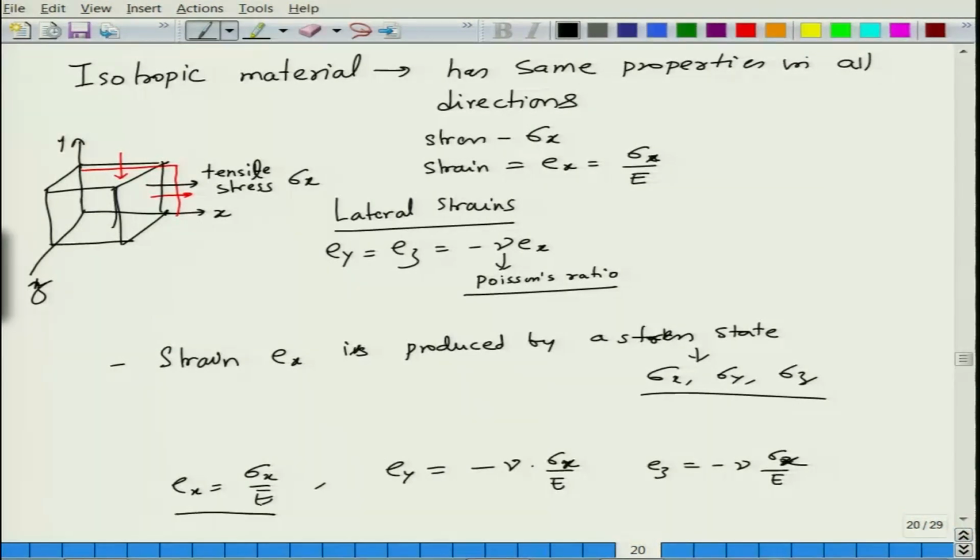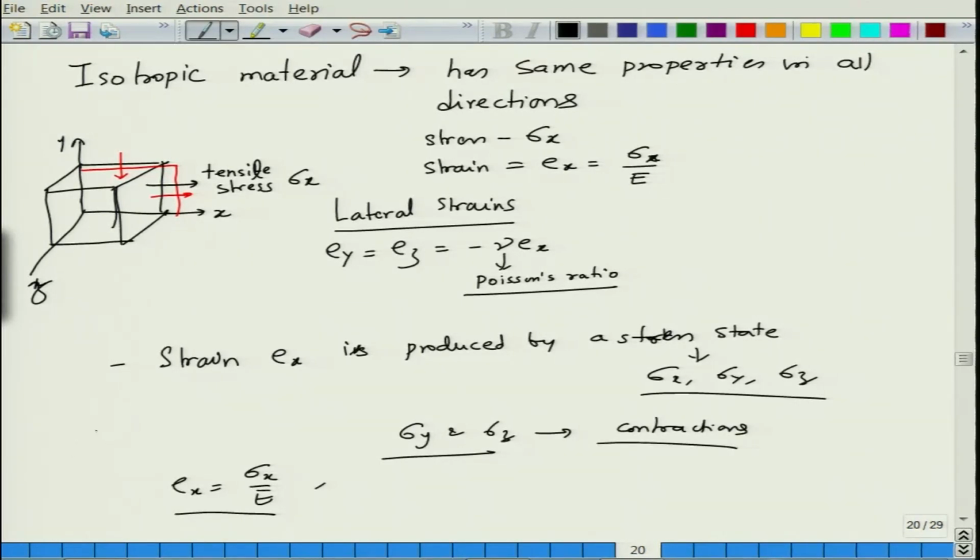So, when you have sigma x causing a strain Ex, which is equal to sigma x divided by E, the corresponding stresses sigma y and sigma z give rise to contractions.